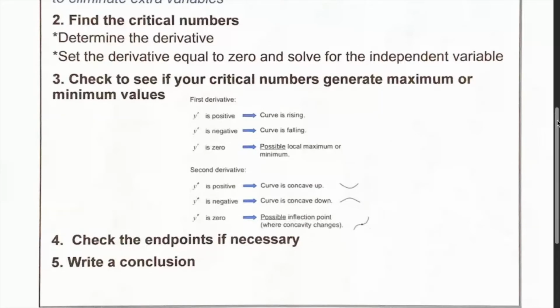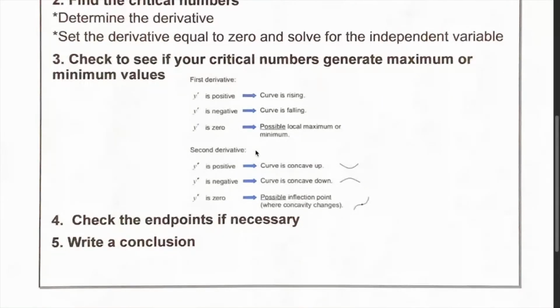The second method, which I usually find a little bit quicker, depending, of course, on the equation we're working with, is to use the second derivative test. The second derivative, if you'll recall, tells you about concavity. So if I sub my critical number into the second derivative and I generate a positive number, a positive second derivative means that my original function is concave up, and that means my critical number must be a minimum.